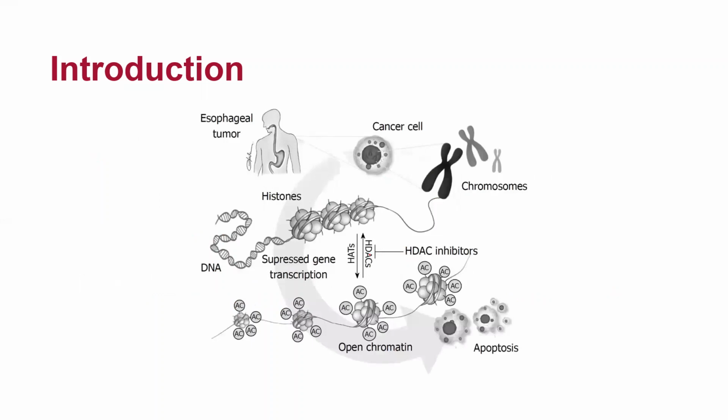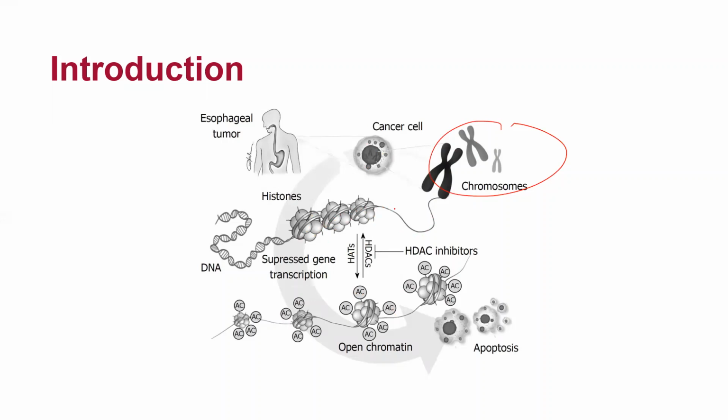Okay, this is just a little bit of an overview of the mechanism that I described before. This is the cancer cell, and inside the nucleus of the cancer cell are the chromosomes, and the chromosome consists of DNA that is packed around the histone proteins, right?